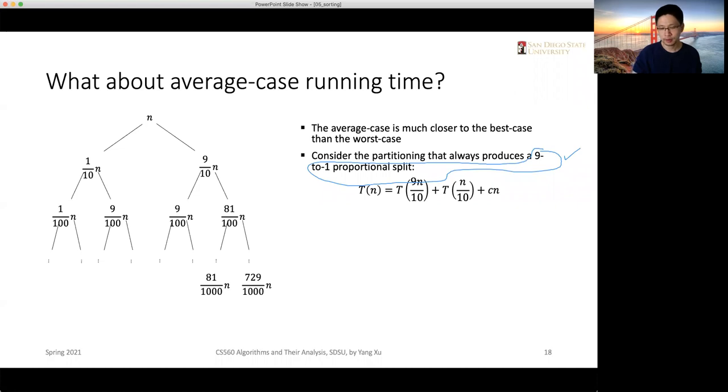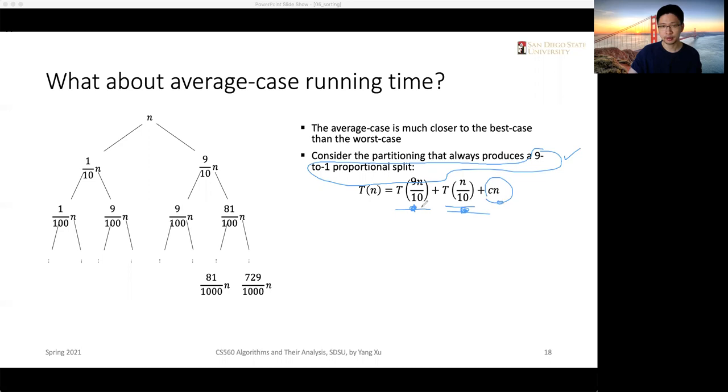One thing we can definitely know is that because it's a proportional split, our recurrence can be written in this form. One of the sub-arrays is 9/10 of the original length, while the other one is 1/10 of the original length. This is the same as the cost for partitioning, right?